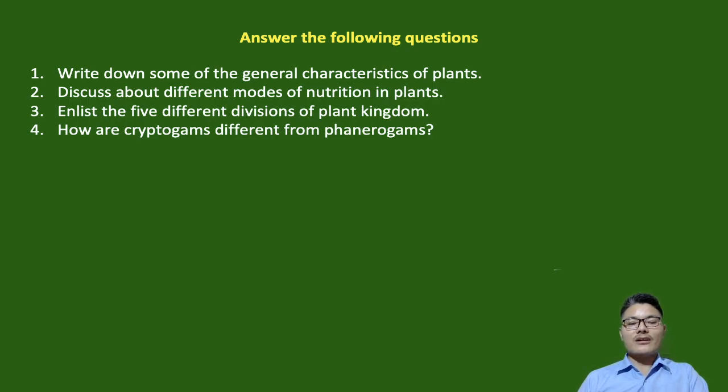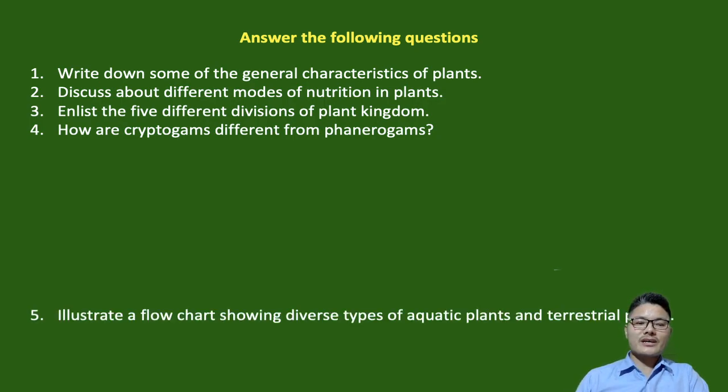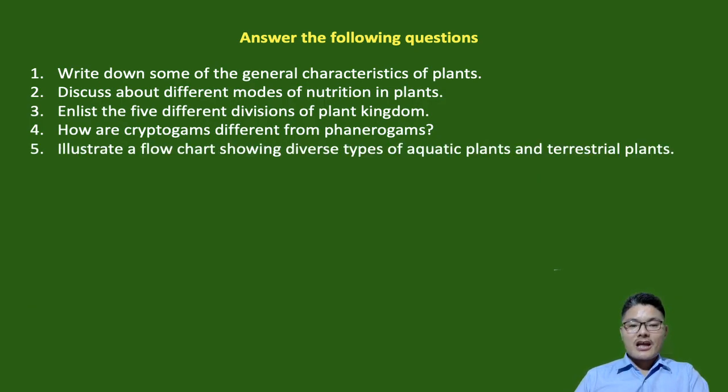The fourth question asks you to describe how cryptogams are different from phanerogams. And the fifth question requires you to illustrate. You have to write a flowchart showing diverse types of aquatic plants and terrestrial plants, the last slide that we had discussed.